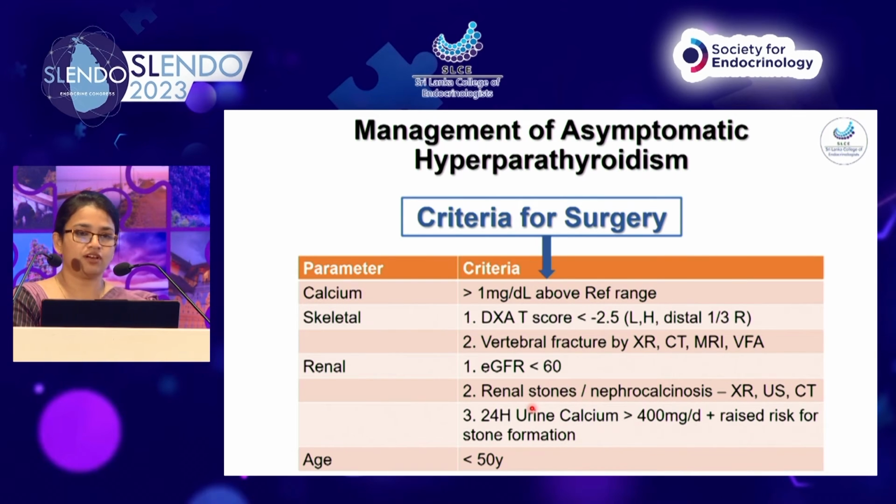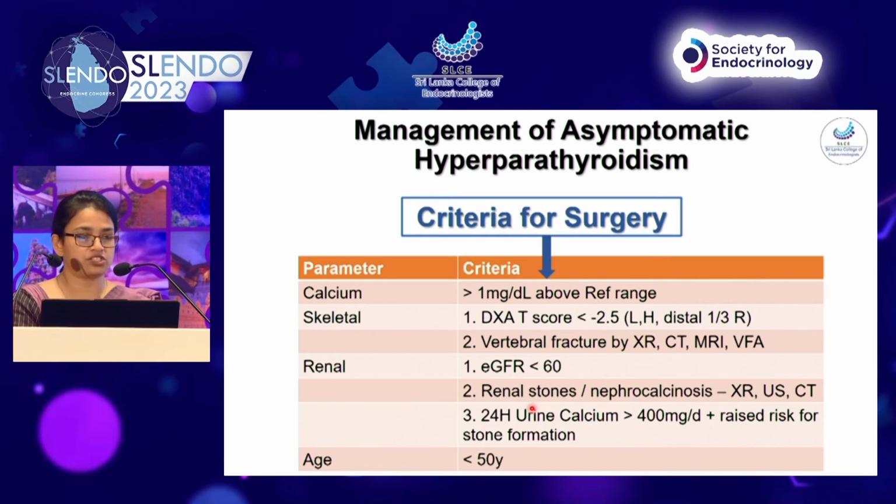The criteria for surgery are calcium more than 1 milligram per deciliter above the reference range, and skeletal parameters: DEXA T-score less than -2.5. I think I showed you the rationale of that decision.